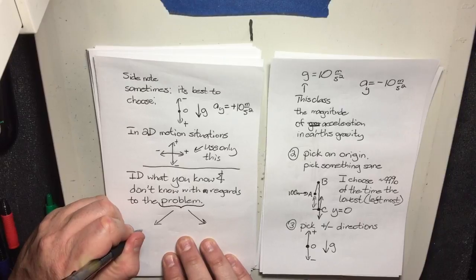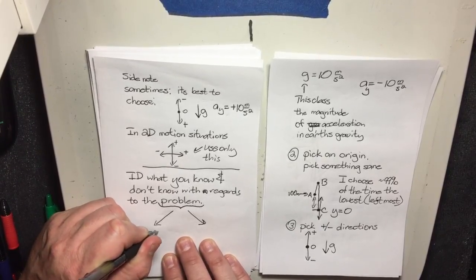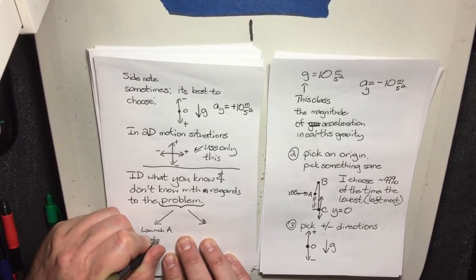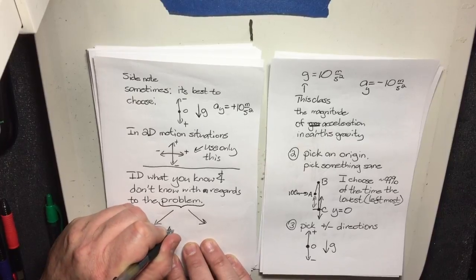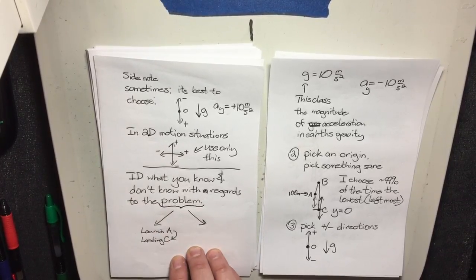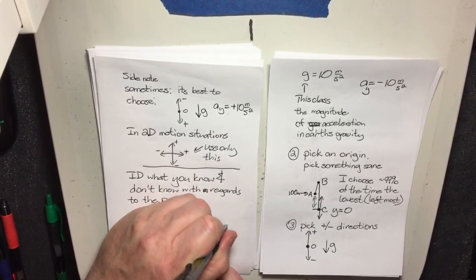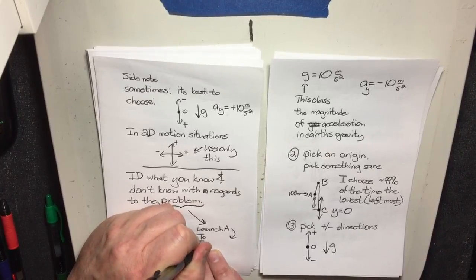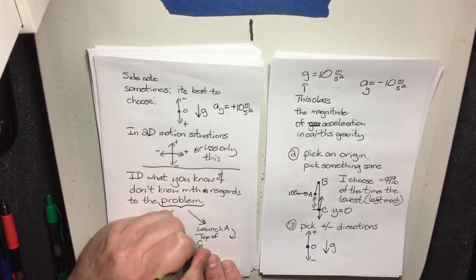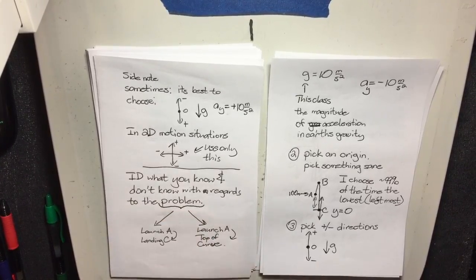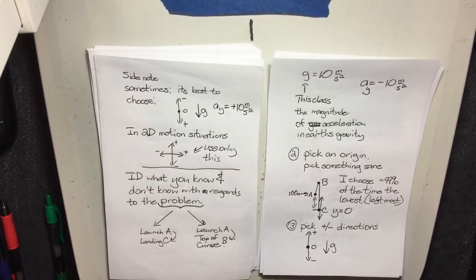The first problem is from launch A to landing C. The next part is from launch A to the top of the curve, which is B. So in one part of the problem, the ball launches, it goes up, it comes back down, it lands.